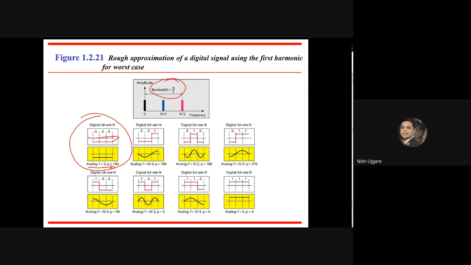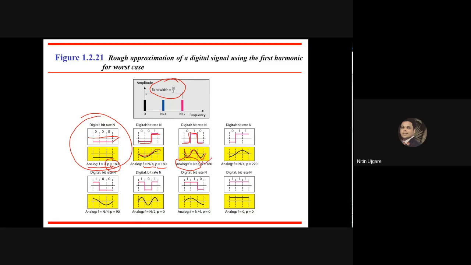The phase shift of that signal is always 180 degrees. Now when the digital signal has the combination 0 0 1, its corresponding analog signal will look like this, where its bandwidth is calculated as n divided by 4, and it also has a phase shift of 180 degrees. When the digital signal has the bit combination 0 1 0, its corresponding analog signal looks like this, and its bandwidth is calculated as n divided by 2, where n is the bit rate.